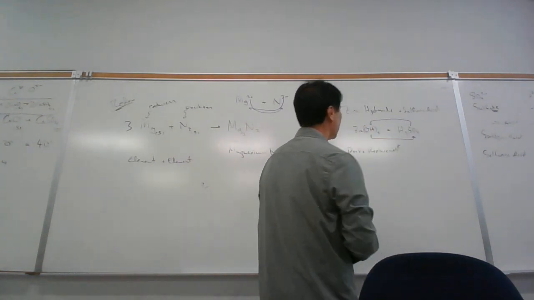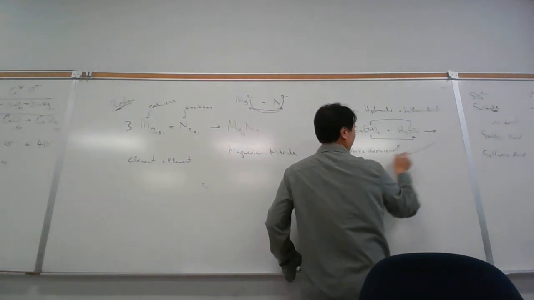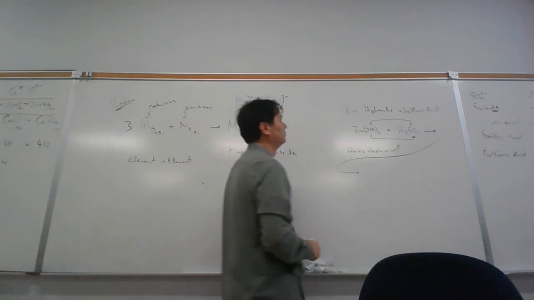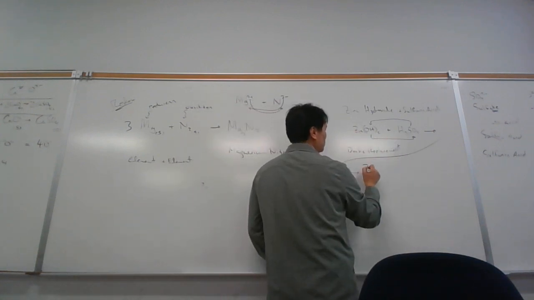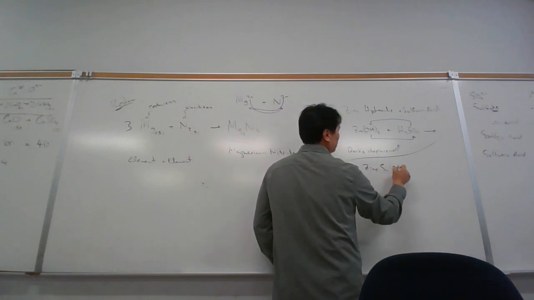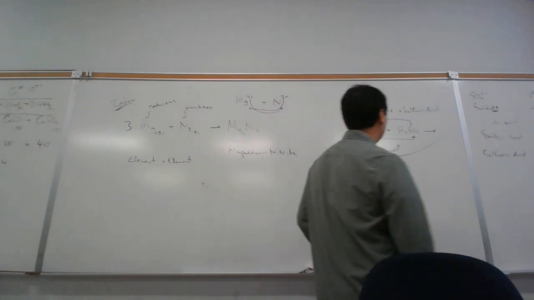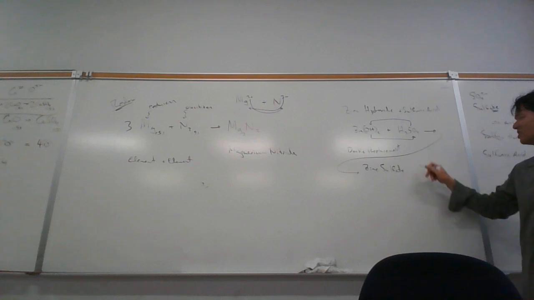What is this going to produce? That's going to produce zinc with sulfate, so we should form zinc sulfate. And then we're going to form hydrogen with hydroxide, because the cation is hydrogen ion.